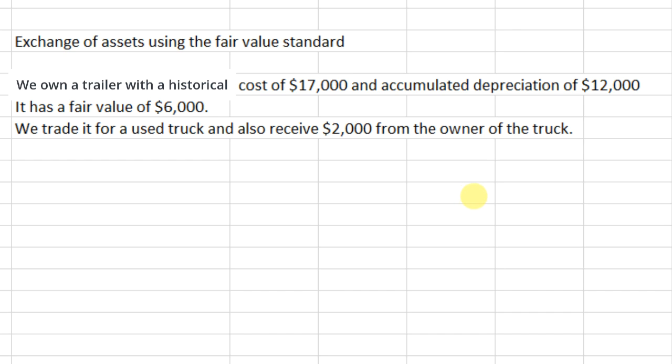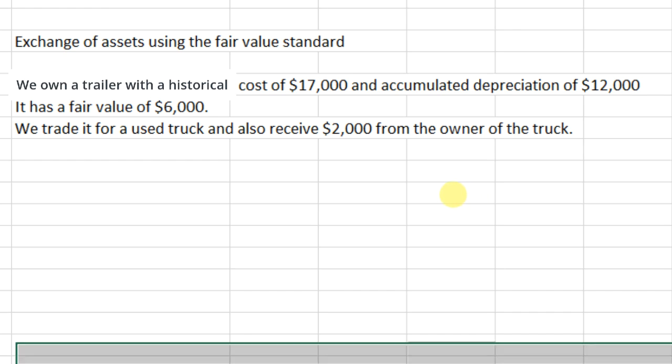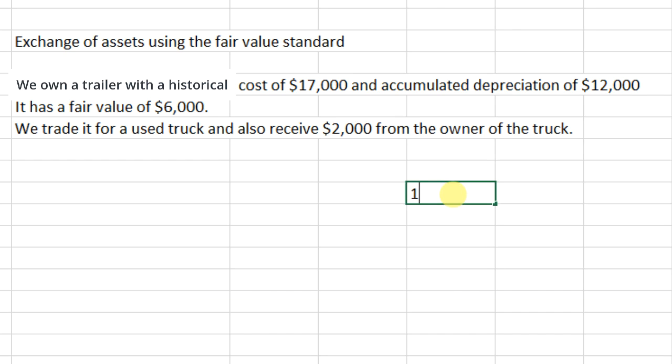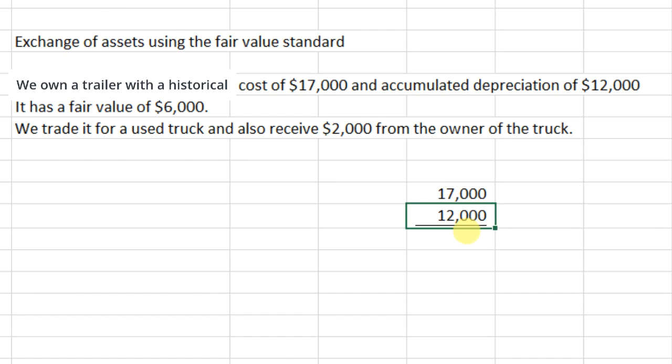So the very first thing we want to look at is, well, the cost of this trailer is $17,000. The accumulated depreciation is $12,000. So, we're using easy numbers here. I know you can do this in your head. We have a $5,000 book value.